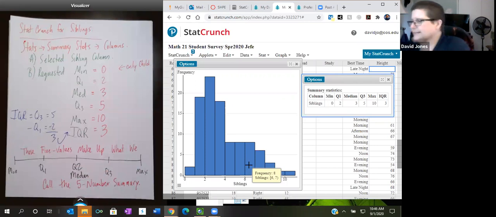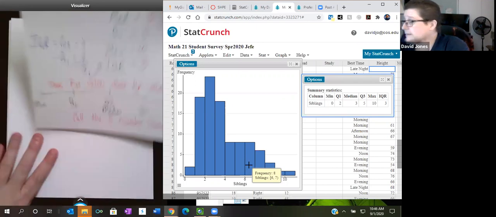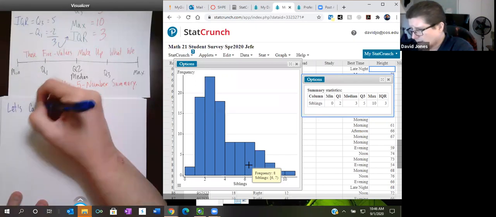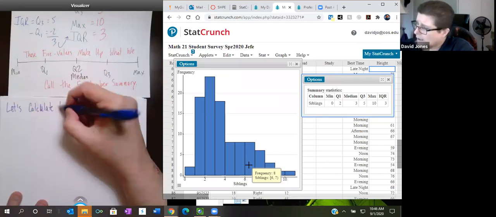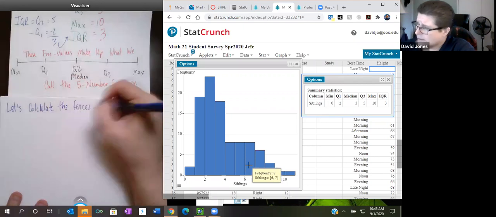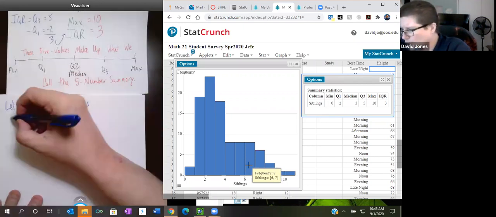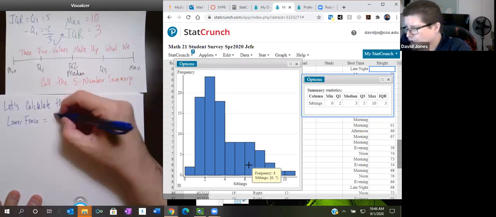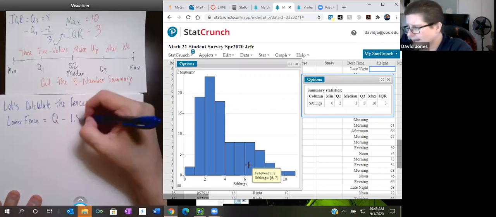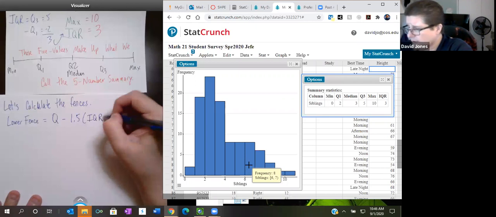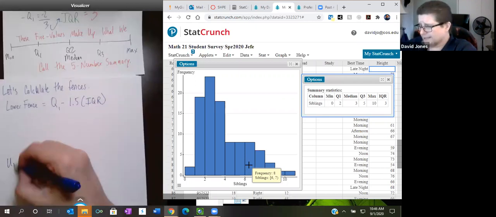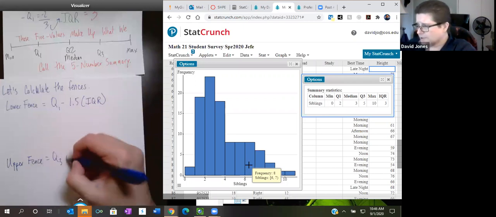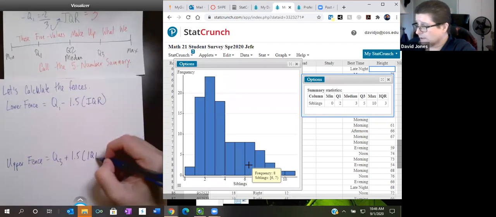Let's calculate the fences here. And recall, lower fence is Q1 minus 1.5 times the IQR, and upper fence is Q3 plus 1.5 times the IQR.